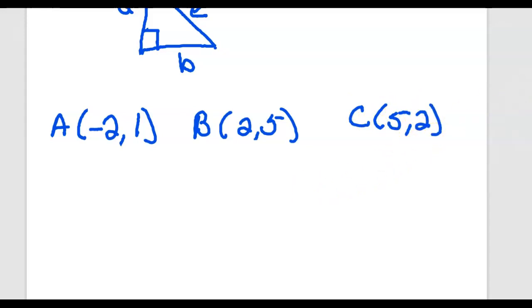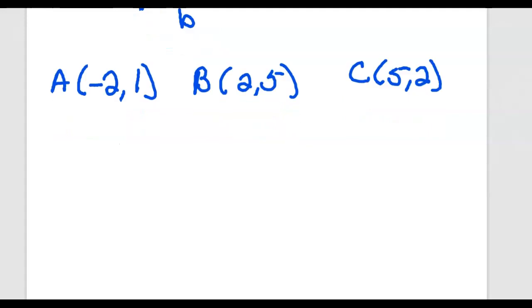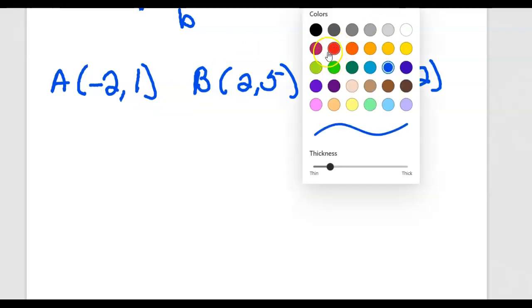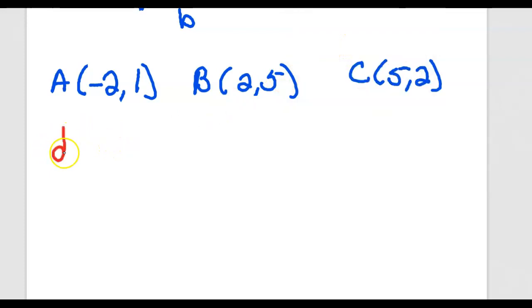Now I could look at this on a graph, but sometimes the graph is not a very good representation because it may look like we have a right triangle, but we may not. So let's first look at the distance between A and B. I'm looking at this point and this point.